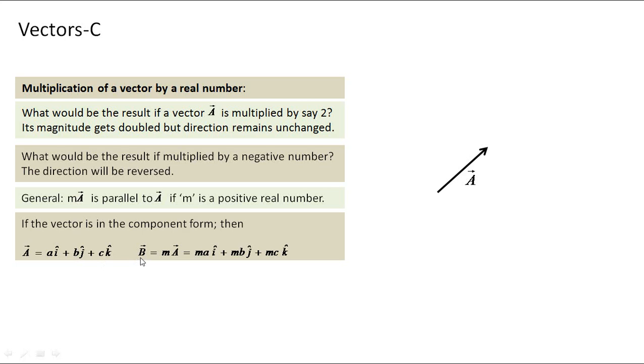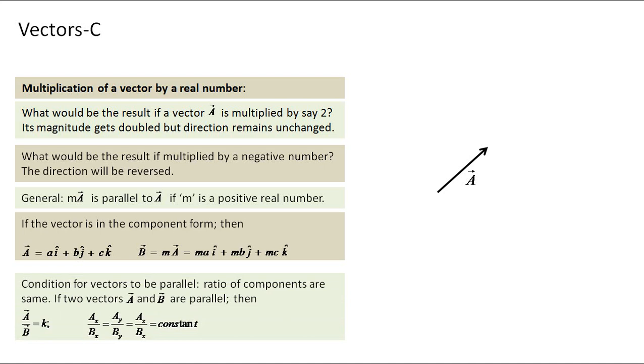So the resultant vector will be equal to ma i cap plus mb j cap plus mc k cap. What would the direction of the vector be? We have already seen that if m is a positive number, the resulting vector b will be parallel to the initial vector a. So based on this, we can conclude something else as well.